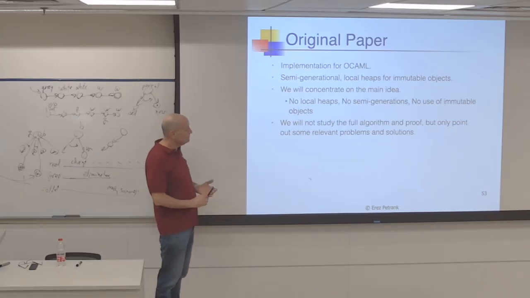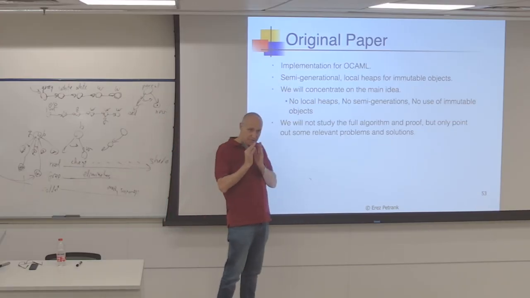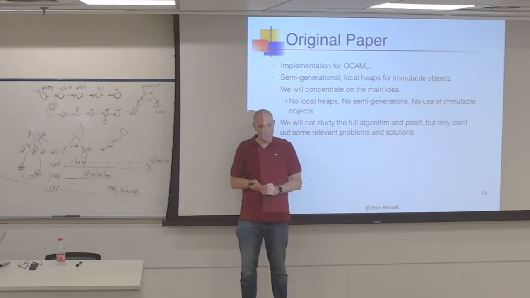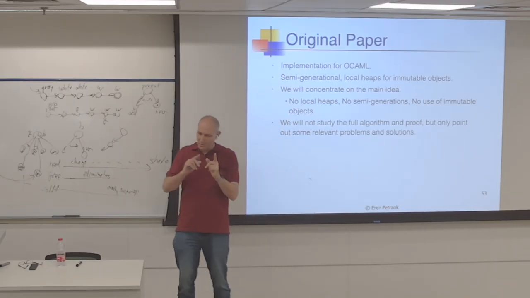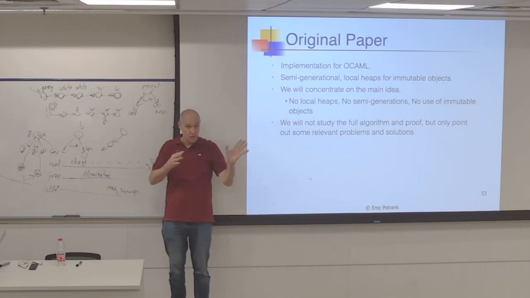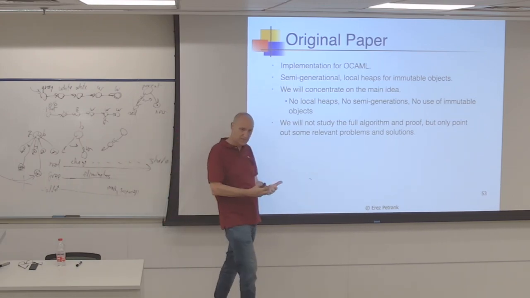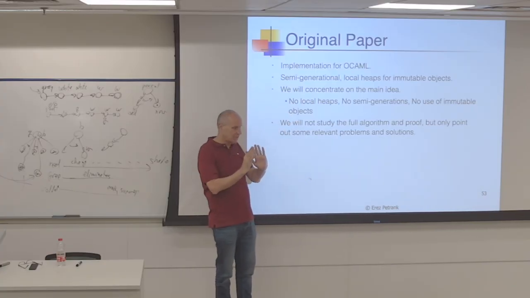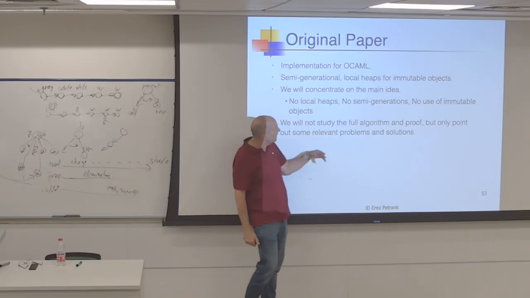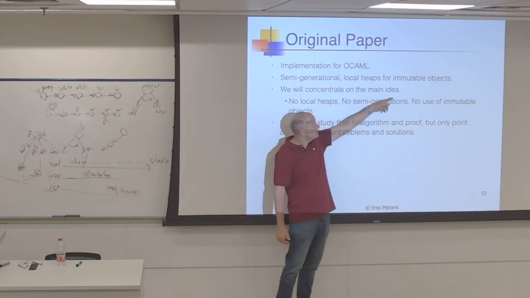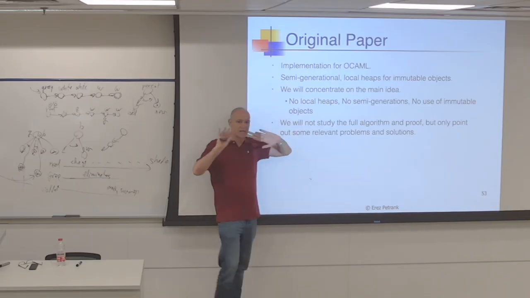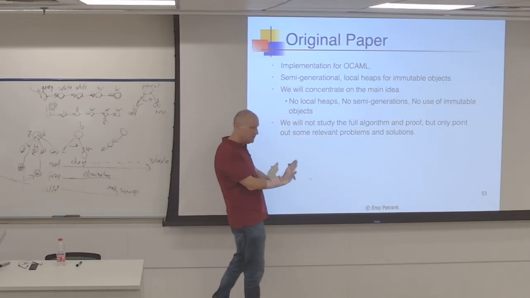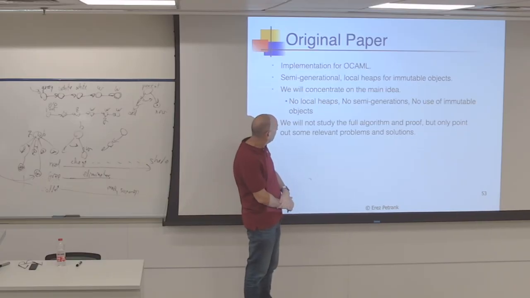So the original paper has some things that are very specific for ML. For example, they have lots of immutable objects, objects that don't change throughout the execution, and they make use of this. We will not care about this. We will talk about Java-style programming. They also made local heaps for the immutable objects. They did all kinds of things that are very specific for ML that we don't care about and we will omit for this discussion.